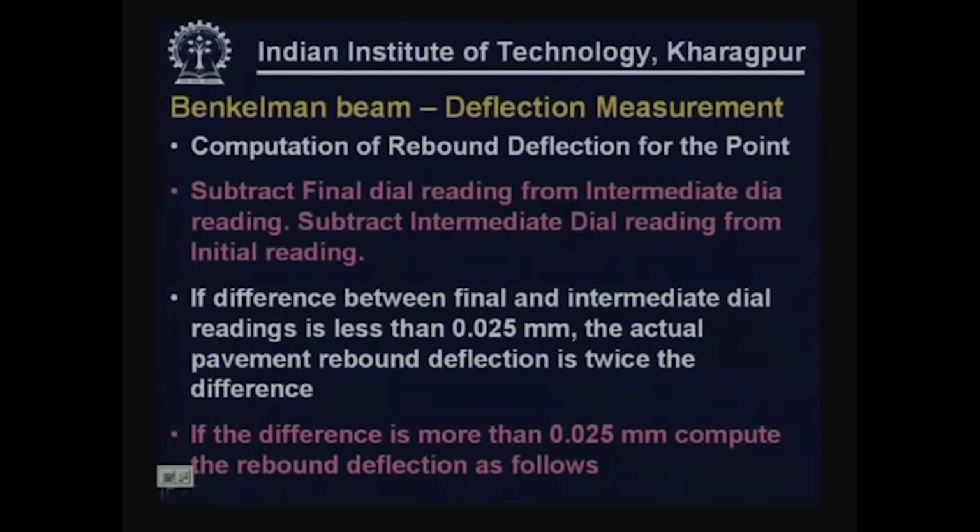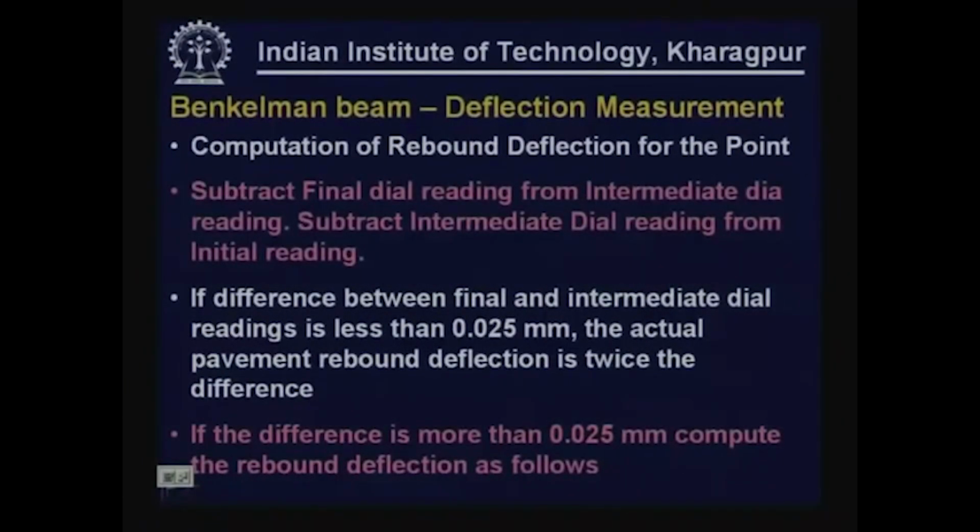If the difference between the final and intermediate dial readings is less than 0.025 millimeters, we normally should expect the difference to be negligible, because when the load is moved to a distance of 2.7 meters, the pavement should have fully recovered, and when the load is moved a further 9 meters, there should not be any further rebound. That is the normal expectation.